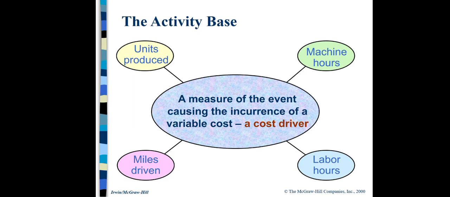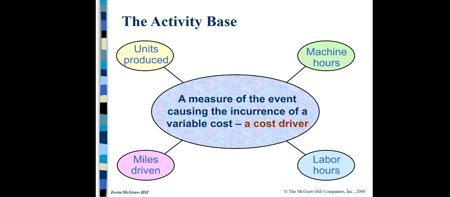Okay, next. The activity base. To calculate the variable cost accurately, we must know what the cost driver is for each activity. The cost driver is a measure of the event causing the incurrence of a variable cost, such as, for example, units produced, machine hours, miles driven, labor hours.